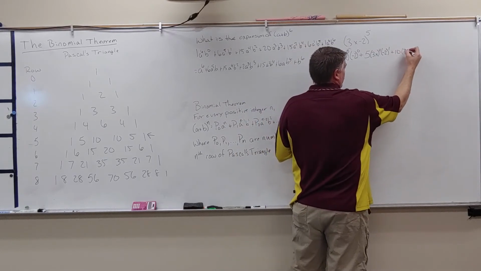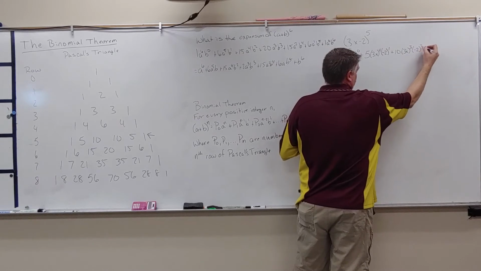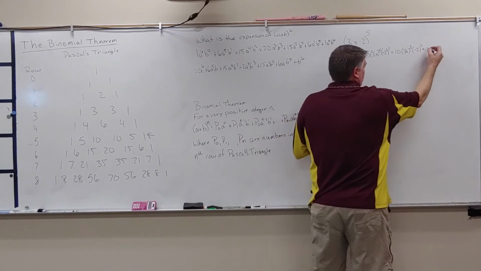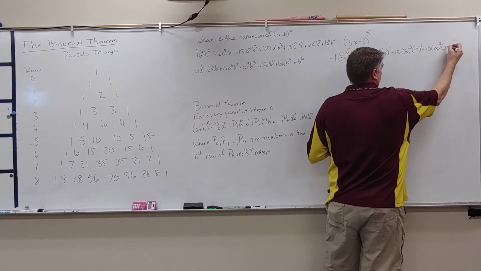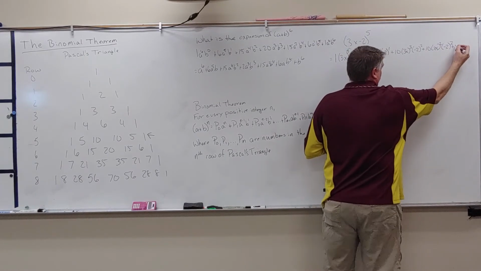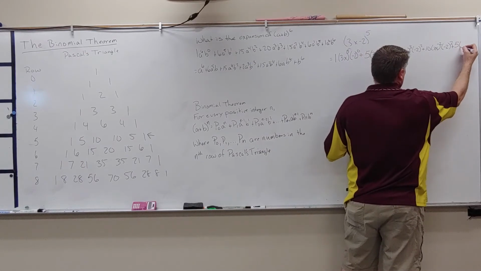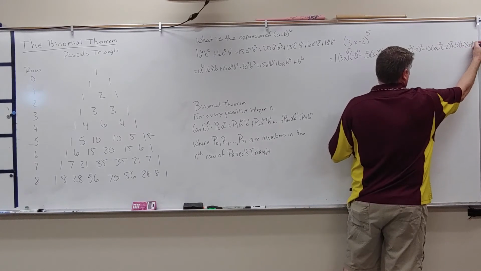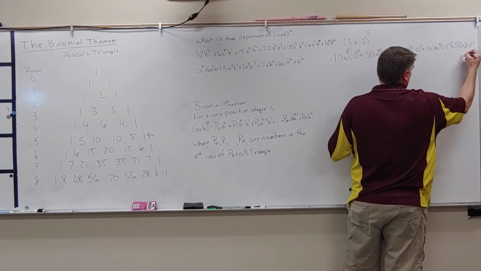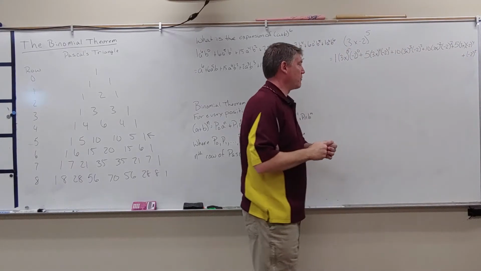Plus 10, 3x to the third, negative 2 to the second, plus 10, 3x squared, negative 2 to the third, plus 5. I'm starting to run out of room here. I should have stayed in there. 5 times 3x to the first, negative 2 to the fourth, plus negative 2 to the fifth. Okay? So I know I kind of ran out of room there.